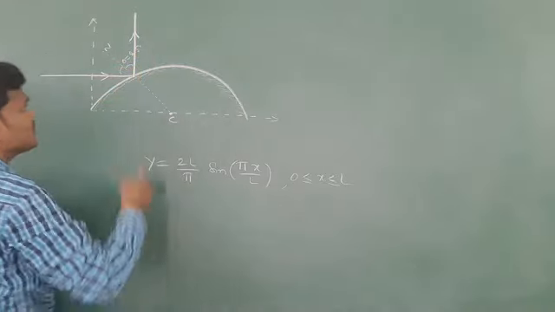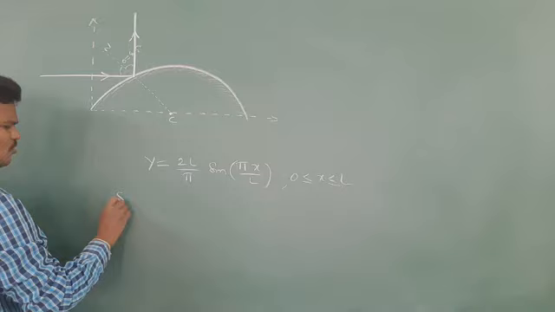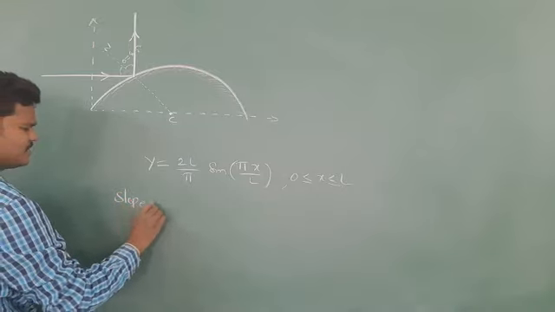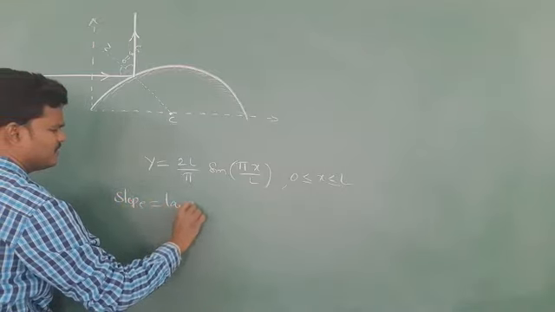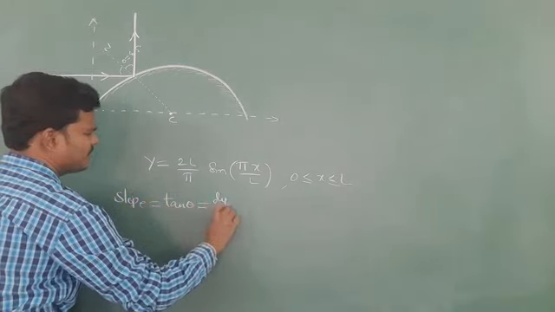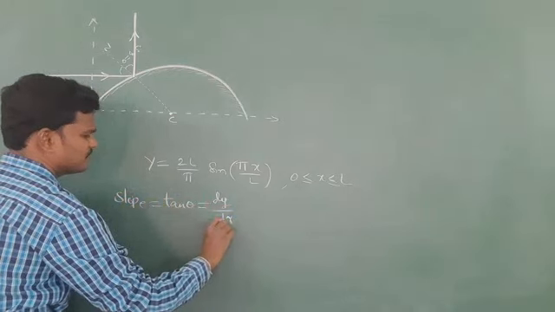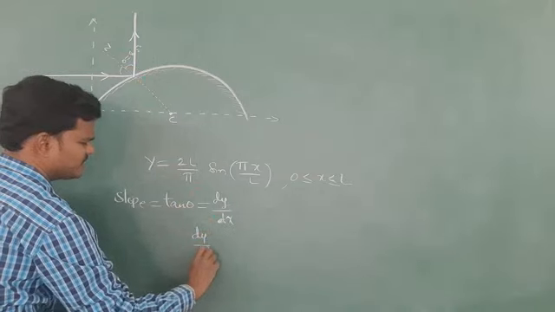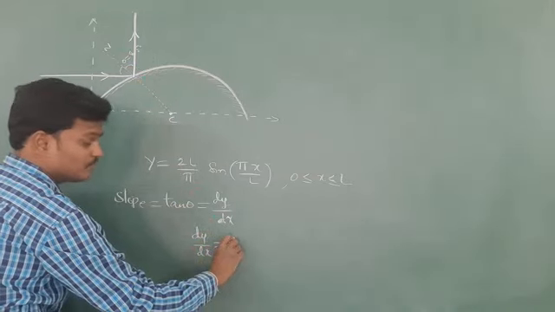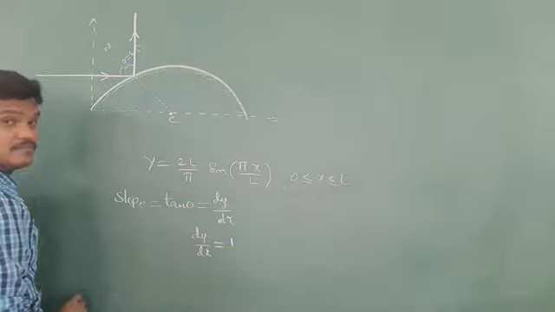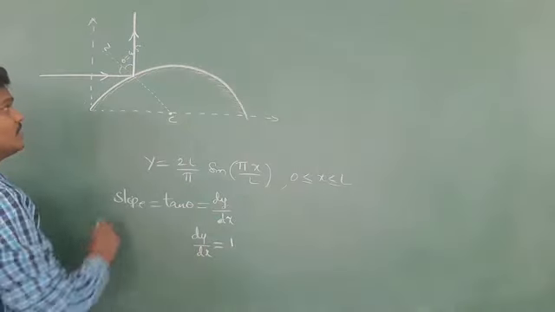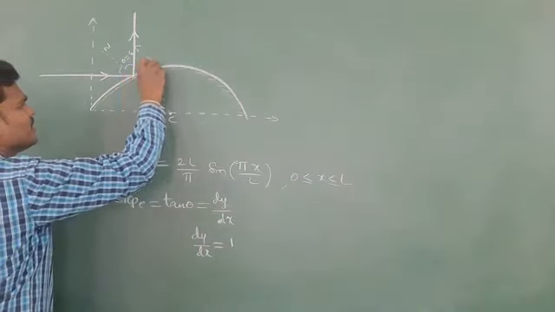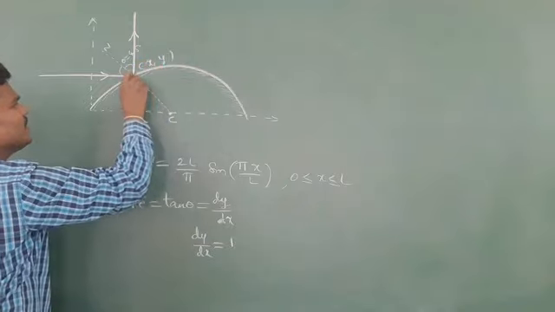The slope we can write as tan theta, and tan theta we can write as dy by dx. But theta is 45, so dy by dx is equal to 1. Now we have to find the x coordinate and y coordinate.